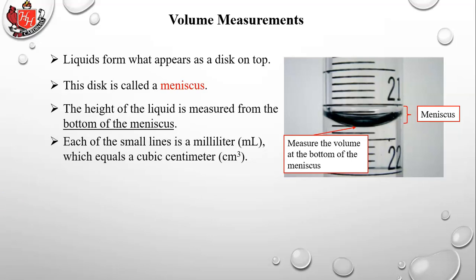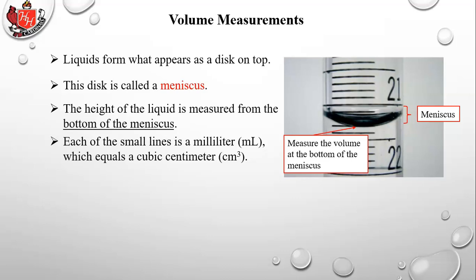So how would you read this? This is called a burette. We're going to use it for titrations in this class. So you can see 21 milliliters, 22 milliliters. Each of those is a milliliter. Now you can see 10 markings in between 21 and 22. Where that arrow is pointing is right about 21.3. You'd count down from the 21 towards the 22.